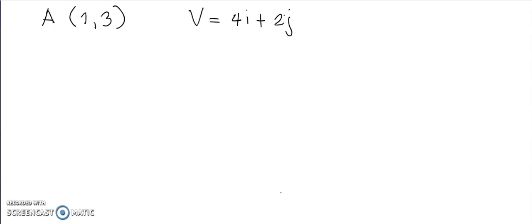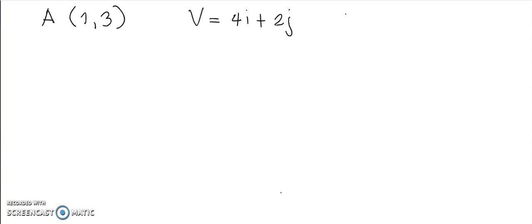Okay, another example. For example, point A is at 1 and positive 3, and the given vector is 4i plus 2j.